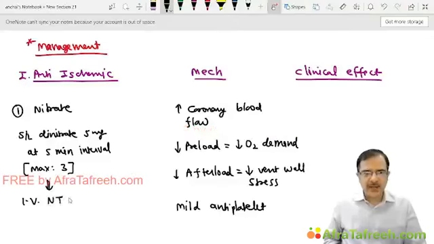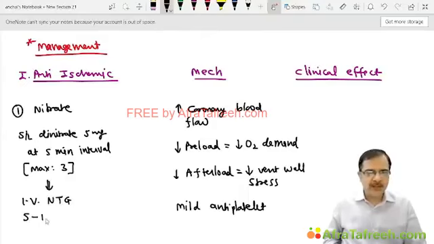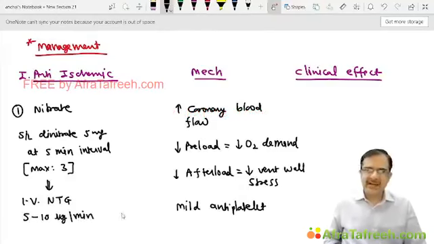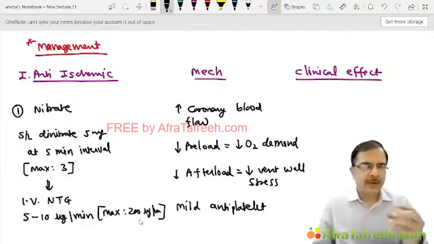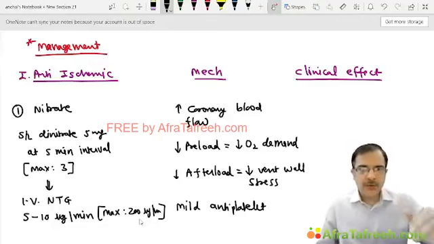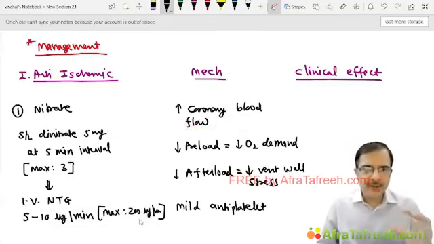Then we start the patient on intravenous nitroglycerin. The starting dose is 5 to 10 micrograms per minute, and it can be titrated to a maximum of 200 micrograms per minute.